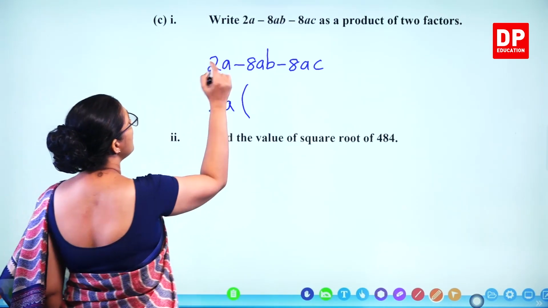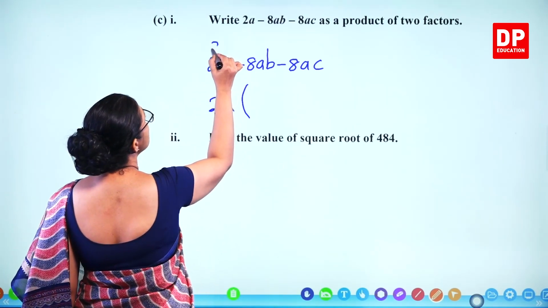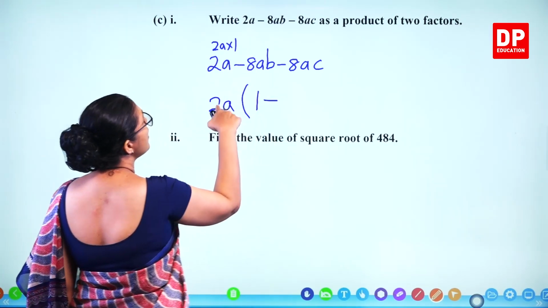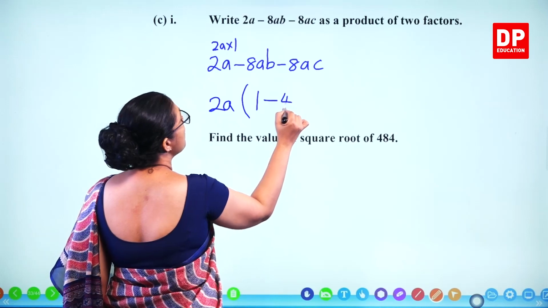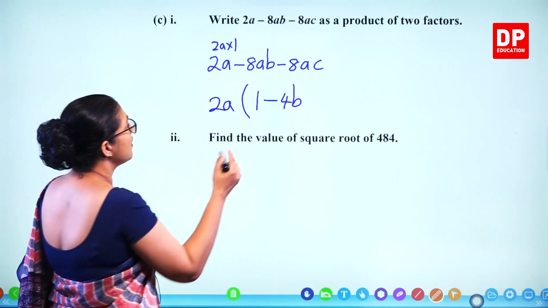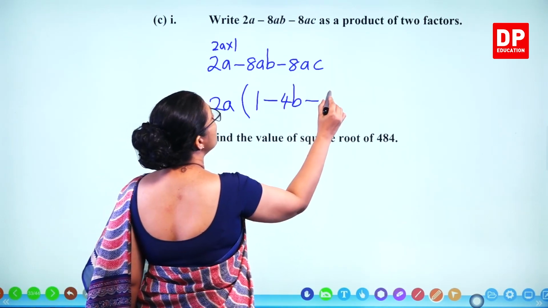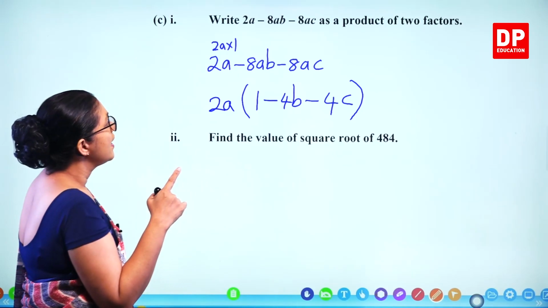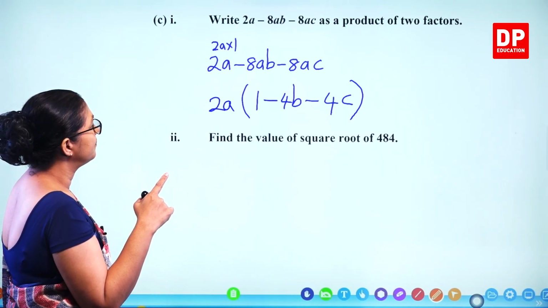When you take that one out, this becomes 1. So this is 2a times 1. And how you get this one? You have to multiply by 4b. 4b times 2a, you get 8ab. Then minus 4c. Because 4c times 2a, you get 8ac.